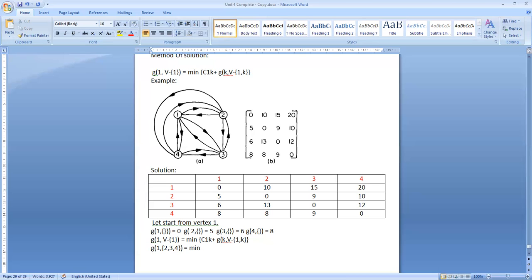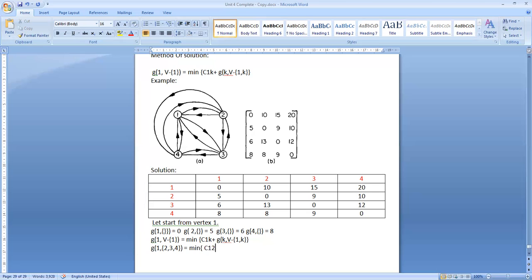So I can write it as the minimum of: from vertex 1 I can go to vertex 2. If so, what is the cost involved?